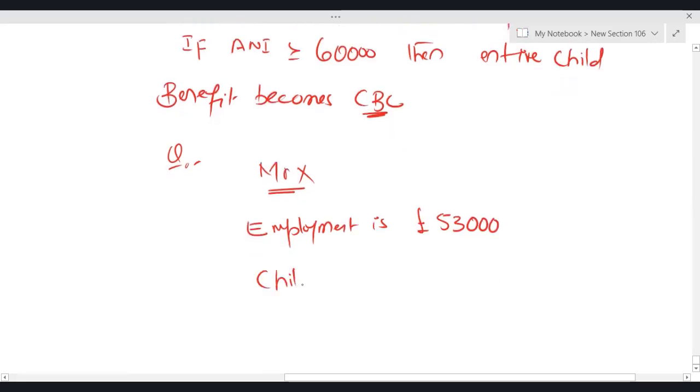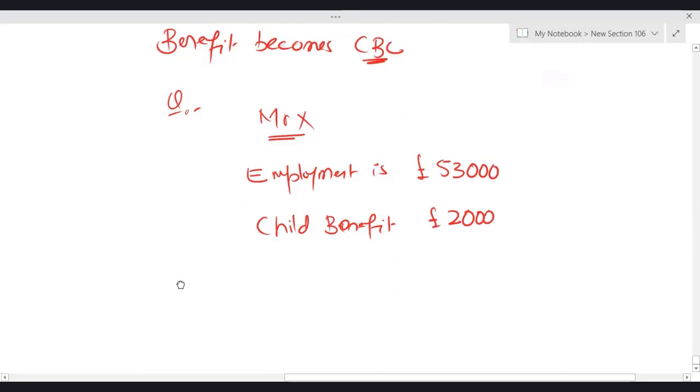Child benefit received is, let's say, 2,000. What does the child benefit charge do? Actually, the child benefit charge will increase your income tax liability.